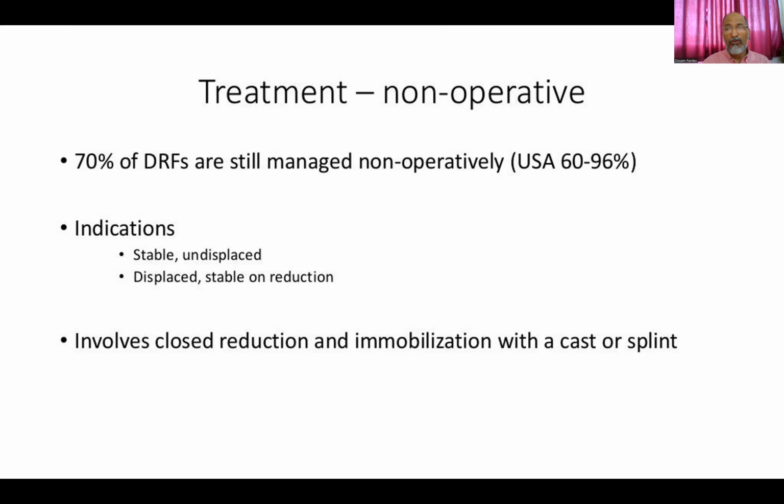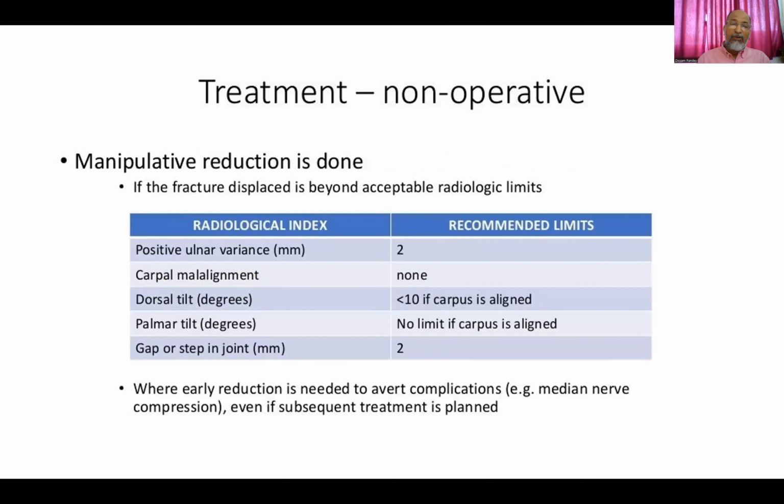This involves closed reduction and immobilization by means of a cast or splint, which can be of any variety. The manipulative reduction is done if the fracture is displaced beyond acceptable radiological limits, as shown in this picture. The positive ulnar variance should not be more than 2 millimeter. The carpal alignment should be okay, and the palmar tilt may be within any limit provided the functions are okay.